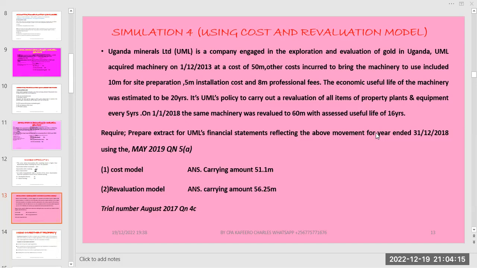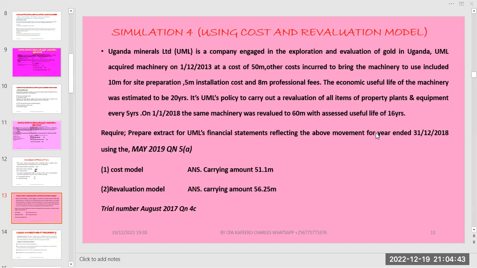By the time you start pre-testing, it means the asset is already functioning, so that is not supposed to be included. Even if you sold what you produced and made a loss, those losses are not recognized here.